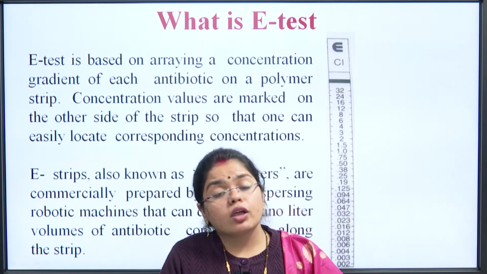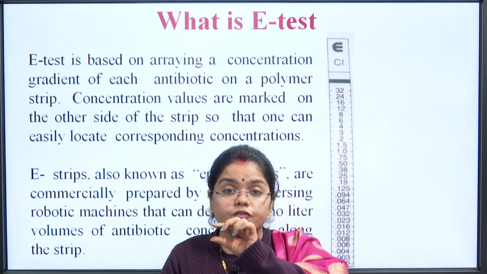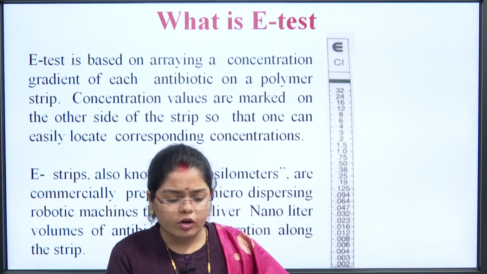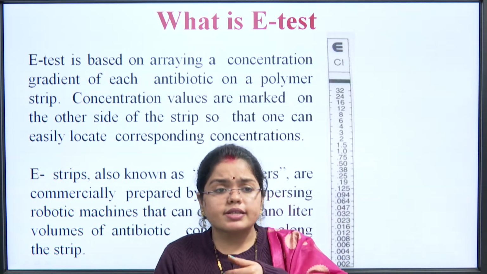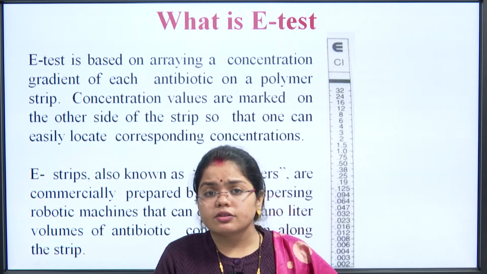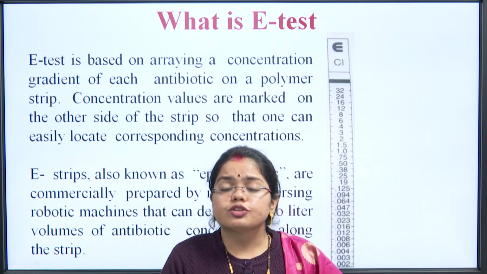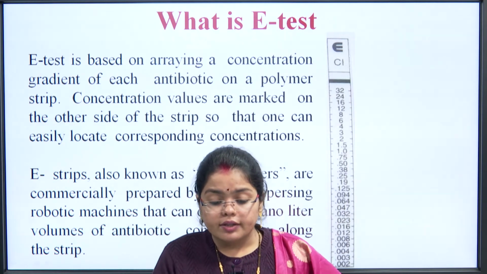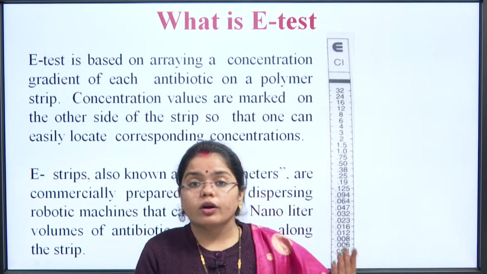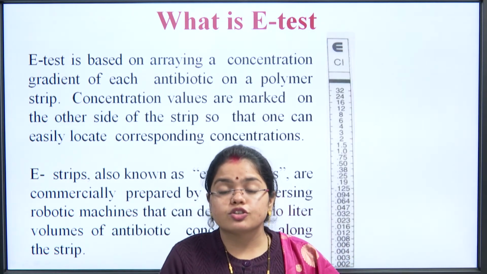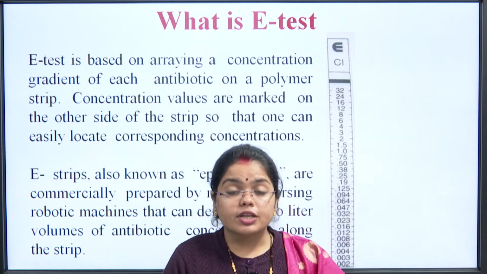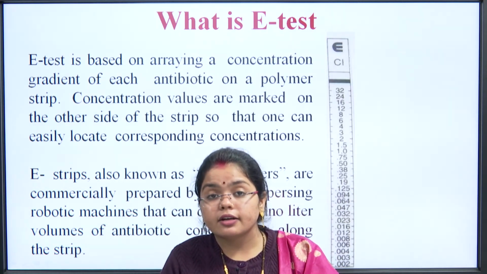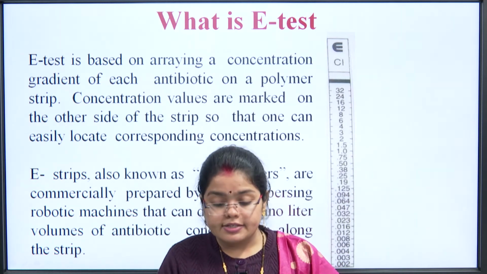With the solid agar plate, the dilution would happen accordingly on the culture media. We have done tube dilution as well as solid agar plate dilution. Then this is the E-test.